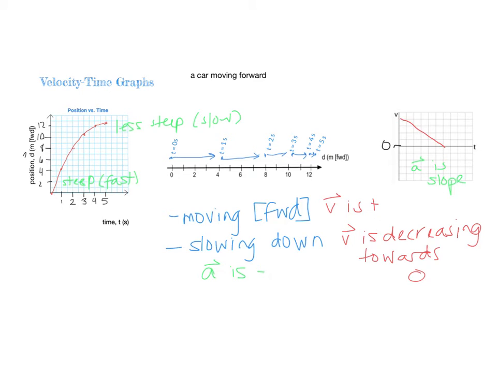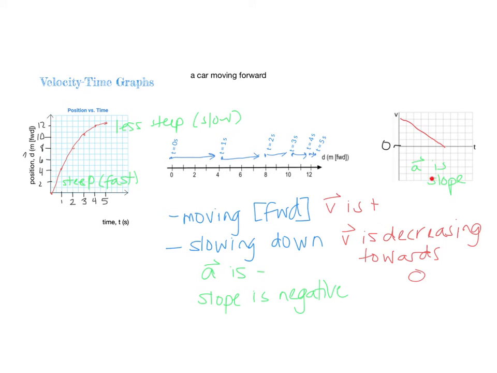If you take a slope when something's going down, it will be negative. So there's all of these different clues to what our acceleration is that we can see from here, that if I'm going forward but getting slower, my v is positive and acceleration is negative.